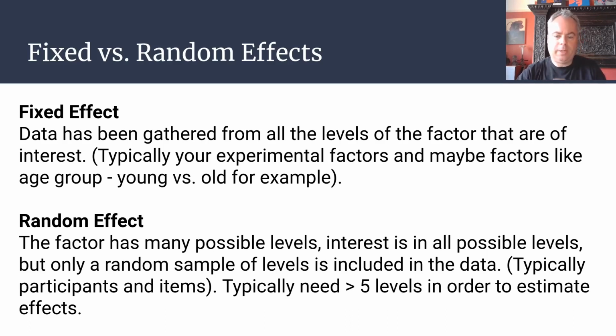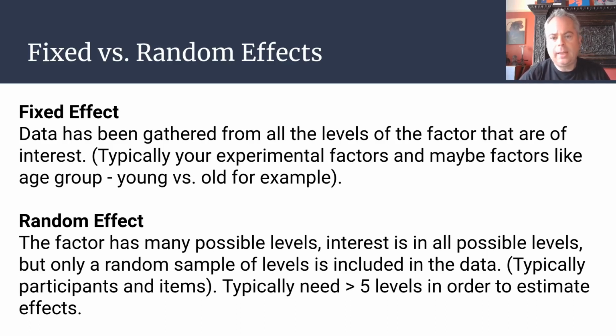So you can think of all the participants in the world. Each participant would be like a different level of a random factor, but we can't collect data from all participants in the world. We're collecting data from a sample. So we recognize that our participants are just a random sample, therefore a random effect.